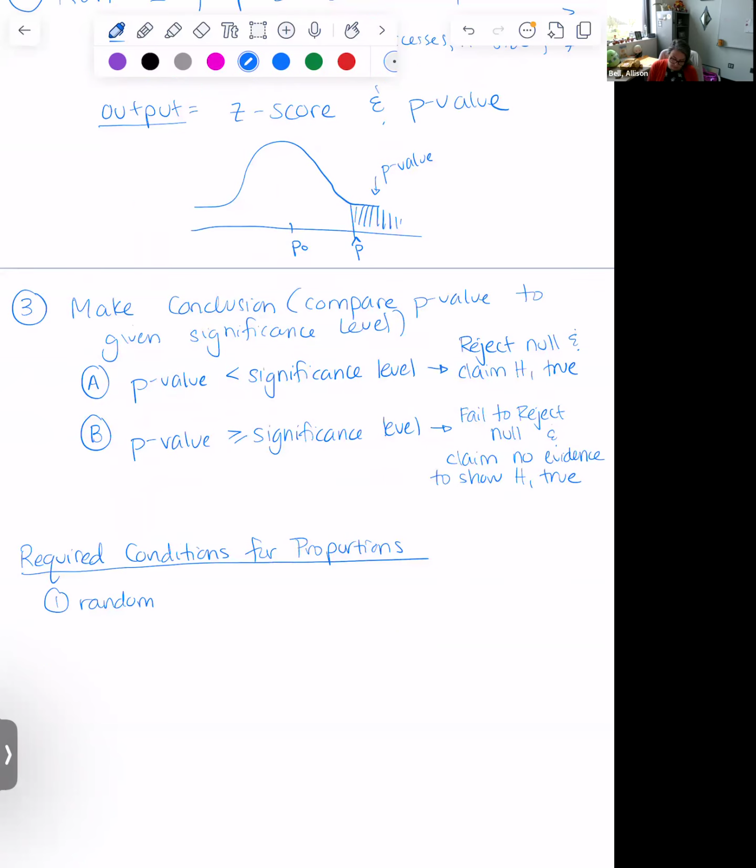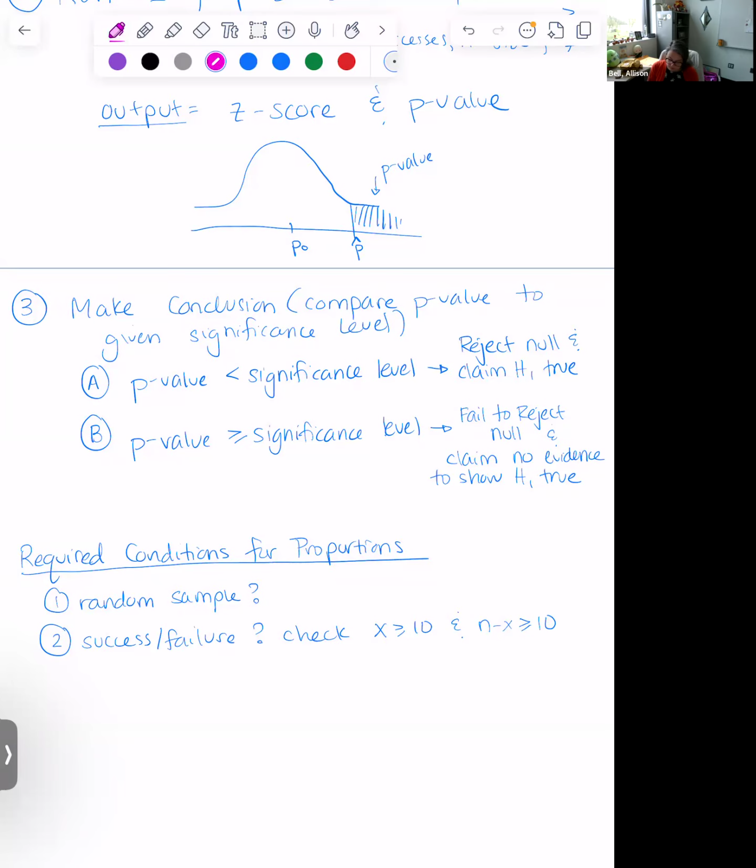We want a random sample, and that would be, is it a random sample? We're like asking ourselves that question. There's two other conditions that are a little bit trickier. So I call the second one success failure. And you want to check if there are at least 10 successes and 10 failures.